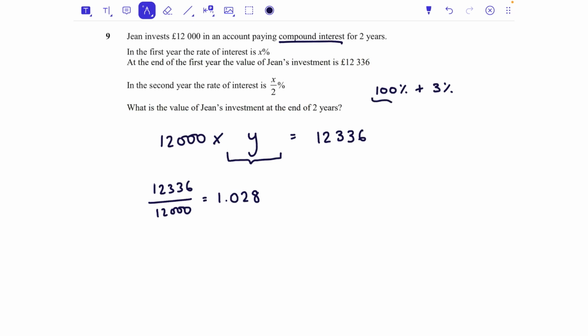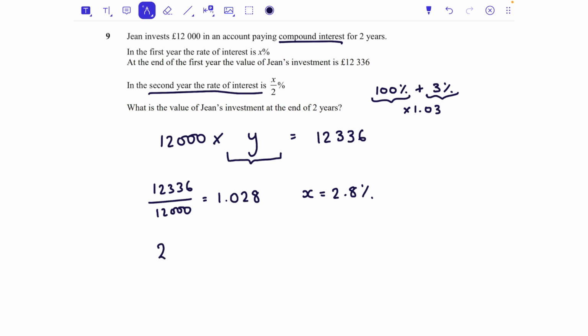We saw that if we did 100%, add 3%, we would have timesed by 1.03 because that's 103% as a decimal. Here, we've timesed by 1.028. So that means that the interest rate, x, would equal 2.8%.